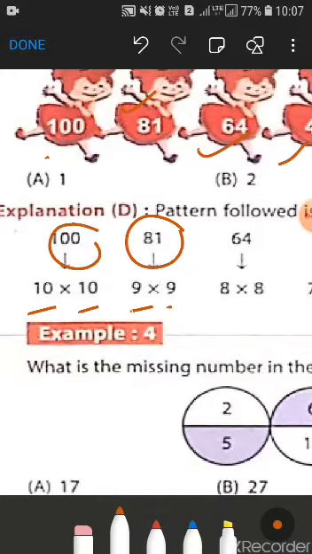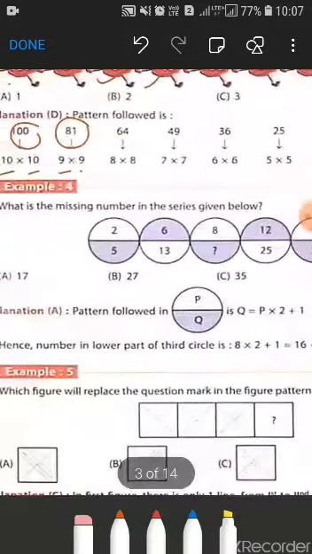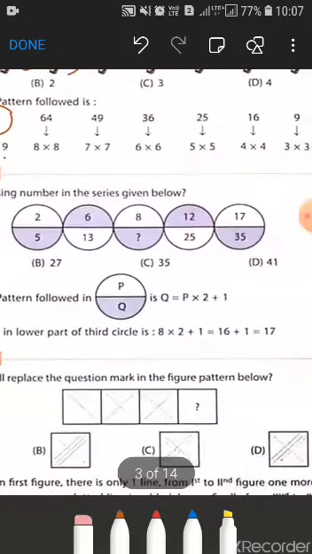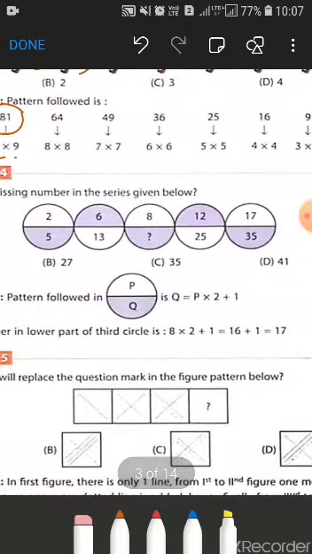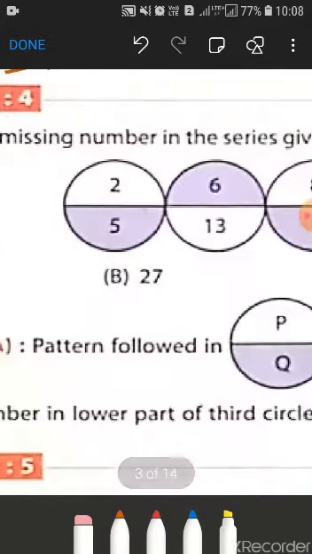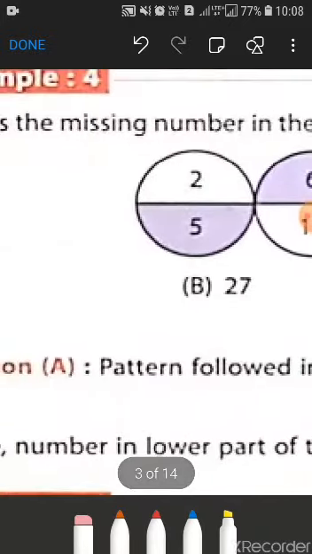Now coming to some kind of second example, that is of 2, 6, 8, 12, 17. We have different circles. We have 5 circles. There are 2 parts of each circle. Here you can see that at the top of the circle we have 2, and at the bottom we have 5.